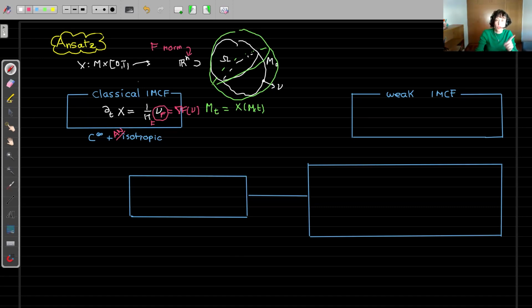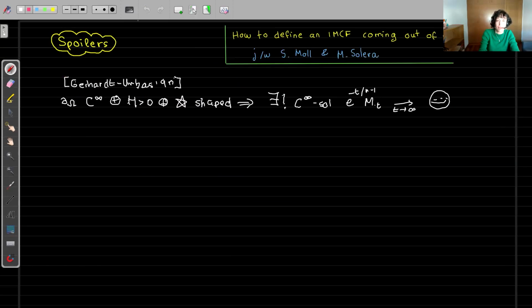To get the analog of the result by Gerhardt and Urbas, it took 27 years until Xia got it. Having the corresponding anisotropic mean curvature positive, he had to assume extra that the norm is smooth outside of the origin, and furthermore an ellipticity condition, like the Hessian of f is strictly positive.